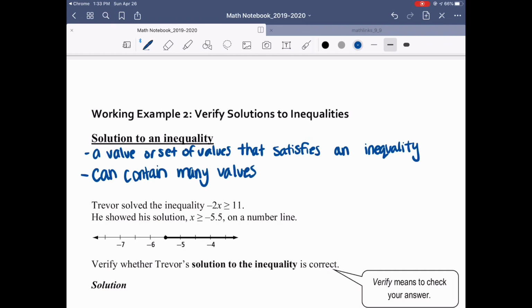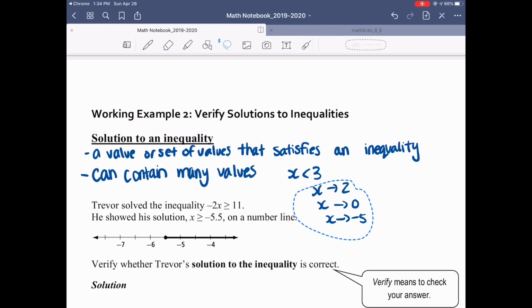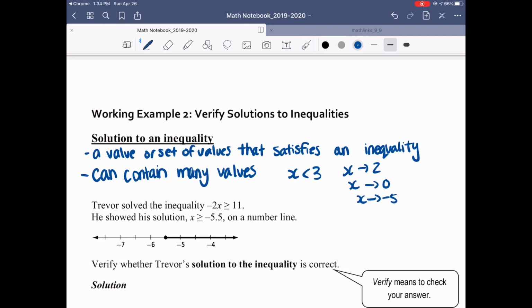For example, if you say that x is less than 3, there are many options for that, right? Like x can be 2, x can be 0, x can be -5, right? All of those and more satisfy that inequality. So that's something to definitely keep in mind with inequalities. There's not just one number that's your answer.